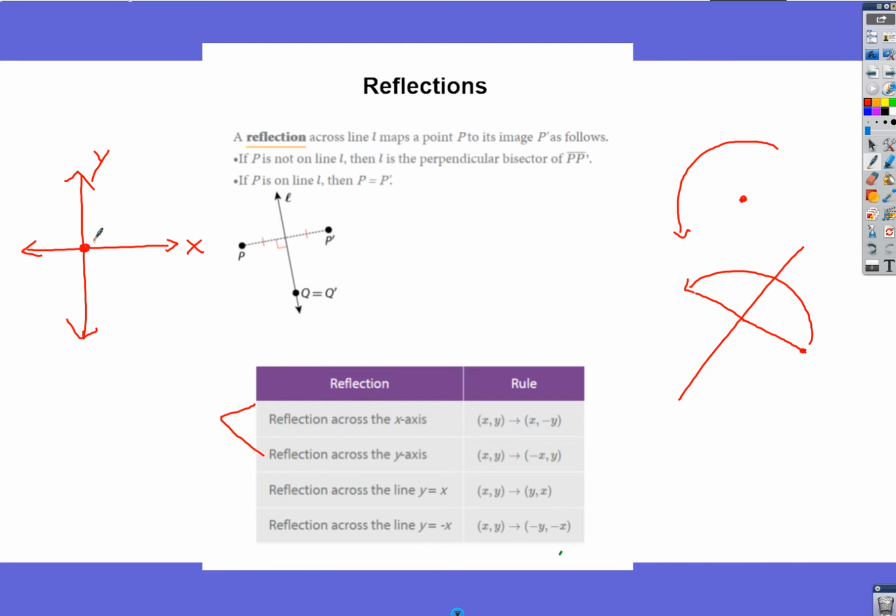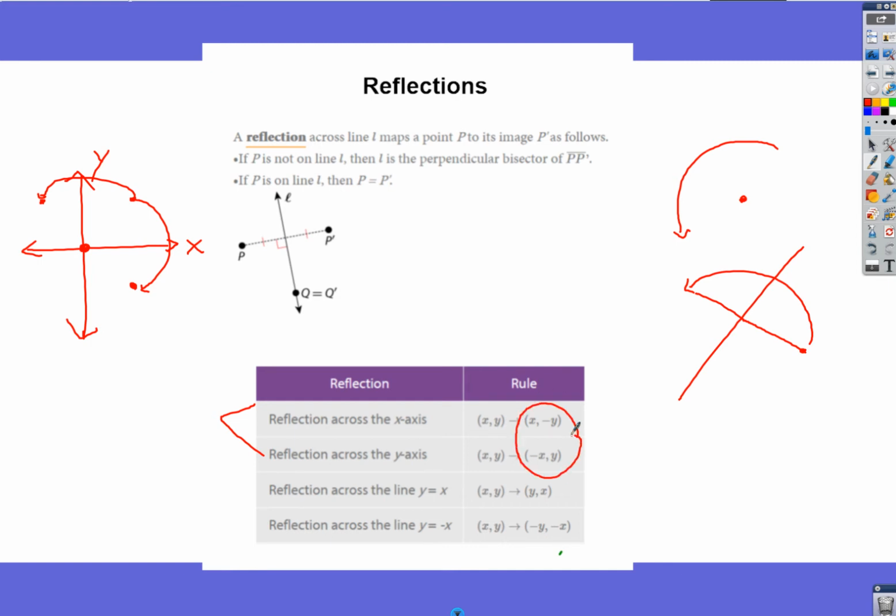So what happens if you get any point and you flip it over either the y-axis or the x-axis, where they would have to be equidistant? Well, the images here, what do the afters both have in common?